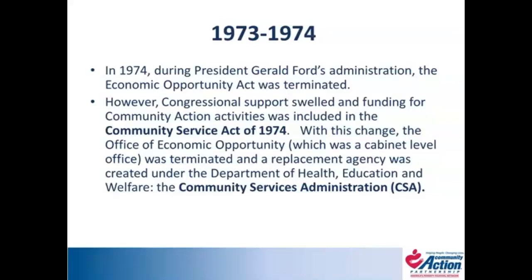When it used to be a cabinet position under the Office of Economic Opportunity, you were sitting at that main table of decision makers. Here in the mid-70s, you'll see it begins to move down the food chain a little bit, and it went in with the Department of Health, Education, and Welfare, and became the Community Services Administration. The money still went from the feds to the local, but it started to go into one of the departments. Let's go to the next slide.